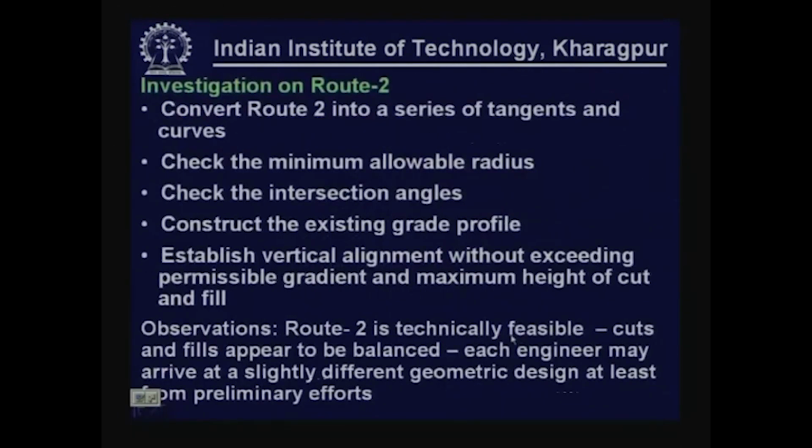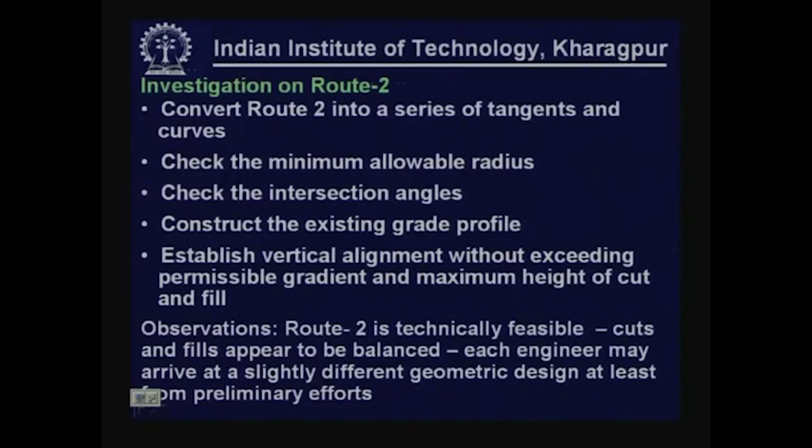Same thing: investigation on route 2. Convert route 2 into a series of tangents and curves, check the minimum allowable radius, check the intersection angle, construct the existing ground profile, and establish the vertical alignment without exceeding the permissible limit and the maximum height of cut and fill.